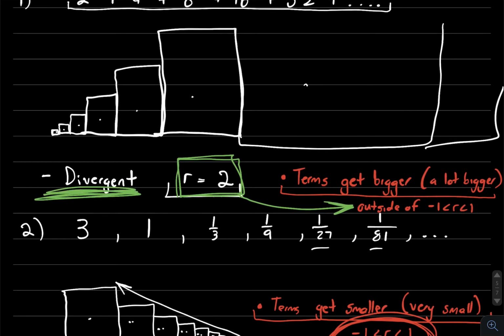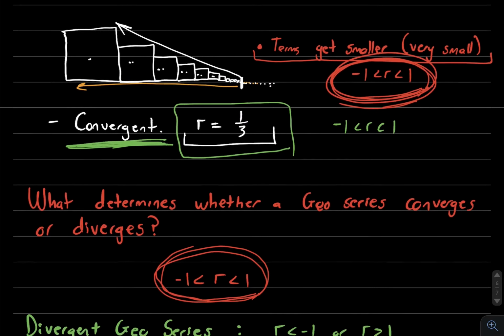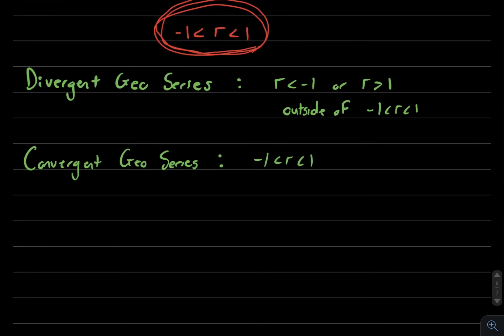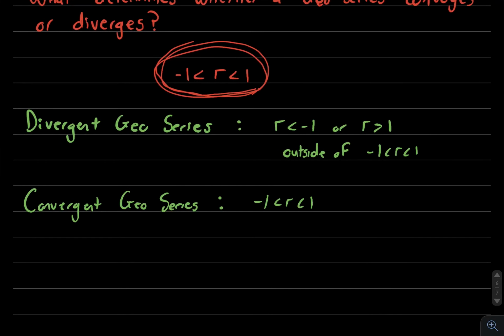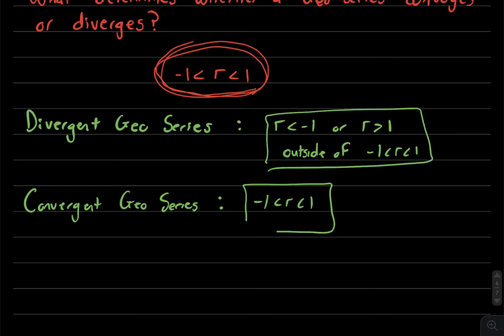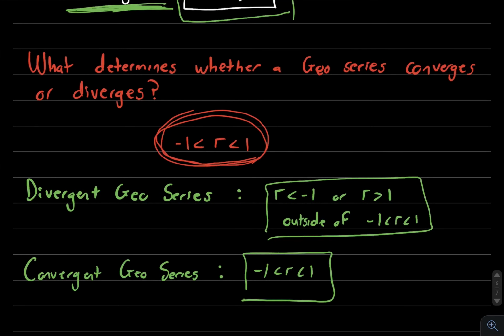So it should be no surprise as well that it's divergent. Okay, so we can see that this rule holds and it's consistent for all geometric series. So for you to be able to test whether a series is divergent or convergent, you need to check whether it's in this interval or outside of this interval. Okay, so that's basically it on convergence and divergence.